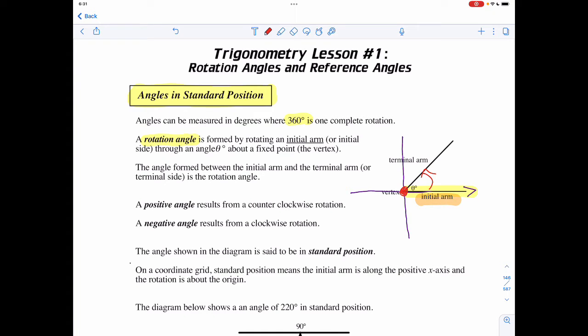Now, like it says, if we rotate counterclockwise in this direction, like what we see here, that would be a positive angle. If I chose to rotate in the other direction, and this was my theta, then that would be a negative angle.